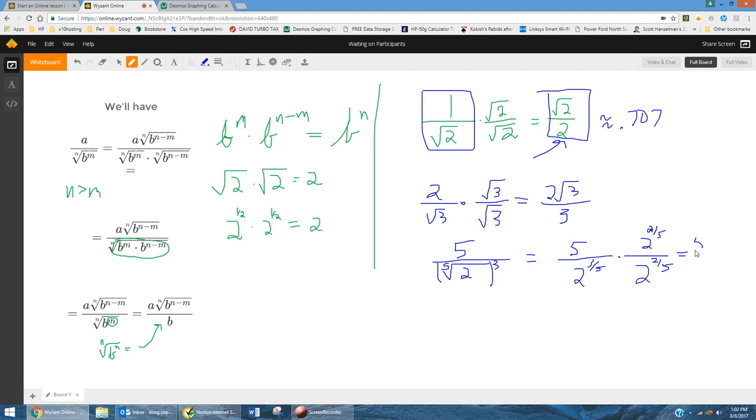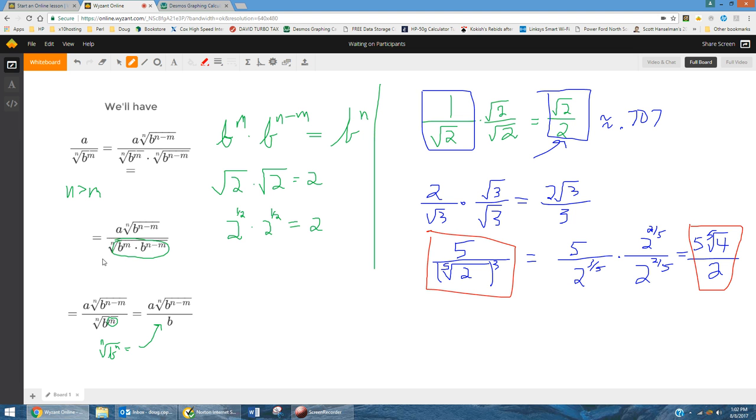The whole point is that this becomes the 5th root of 2 squared, or 4 if you want. And in the denominator, I get 2 to the first, or 2. So I've rationalized the denominator. And if you go to Desmos and type these two expressions in, you'll get the same decimal approximation.